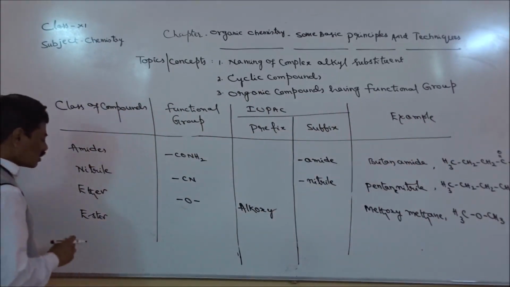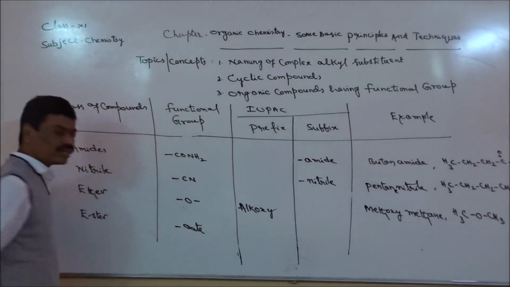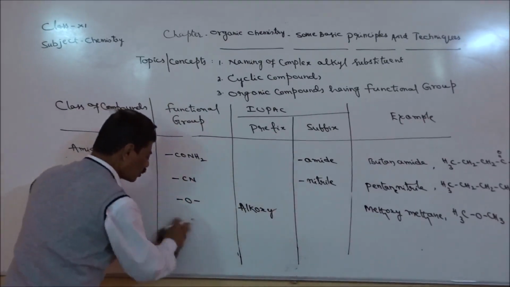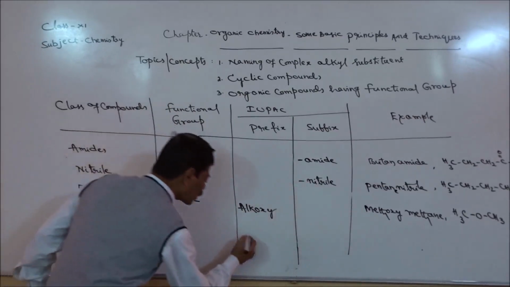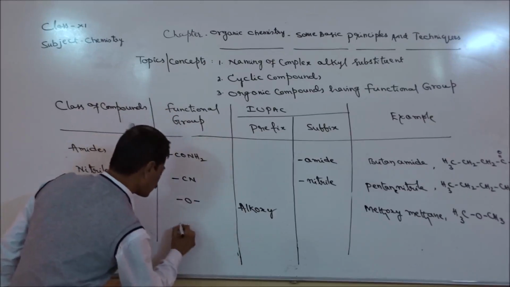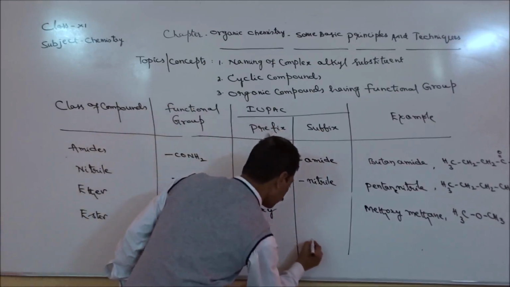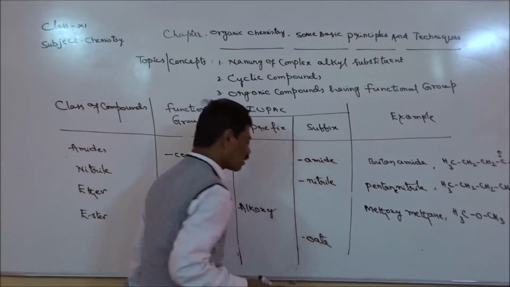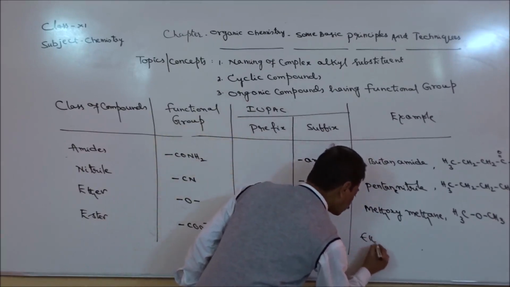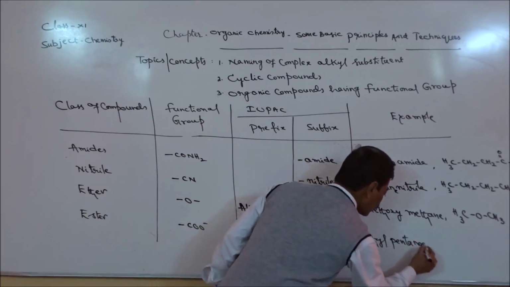Ester. Its name ends with oate, O-A-T-E. And since its name ends with oate, it should be the suffix. The functional group is COO, and it is oate. An example for this is ethyl butanoate or ethyl pentanoate.